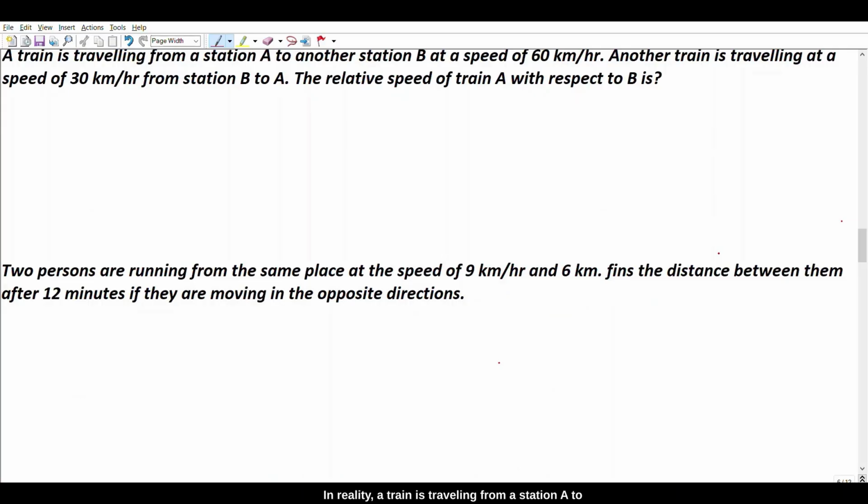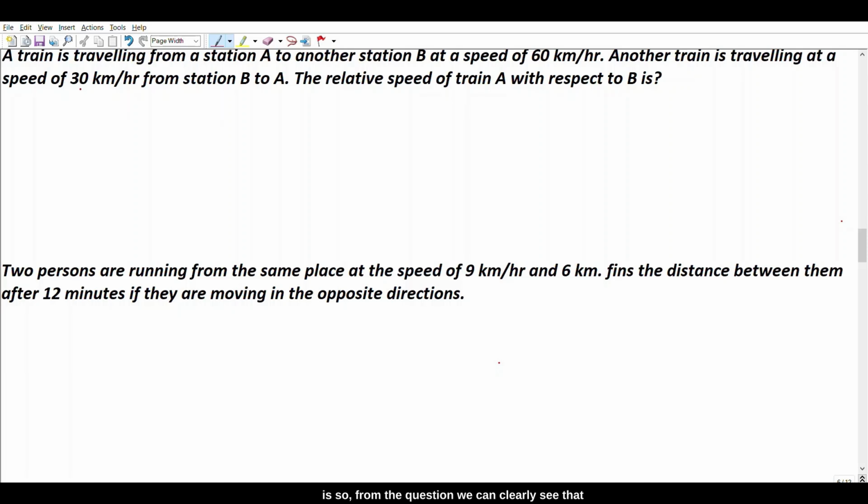A train is traveling from station A to another station B at a speed of 60 km per hour. Another train is traveling at a speed of 30 km per hour from station B to station A. The relative speed of train A with respect to B is?